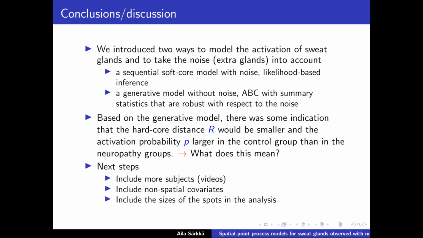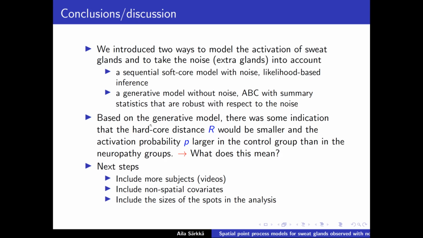The noise there was just to disturb the points, not to add extra points. So we didn't really take the extra points into account in this generative model. But instead, when we used the ABC approach to estimate the parameters, we chose the summary statistics so that they were robust with respect to the noise. So in some sense, noise was taken into account in the inference part and not in the model itself.